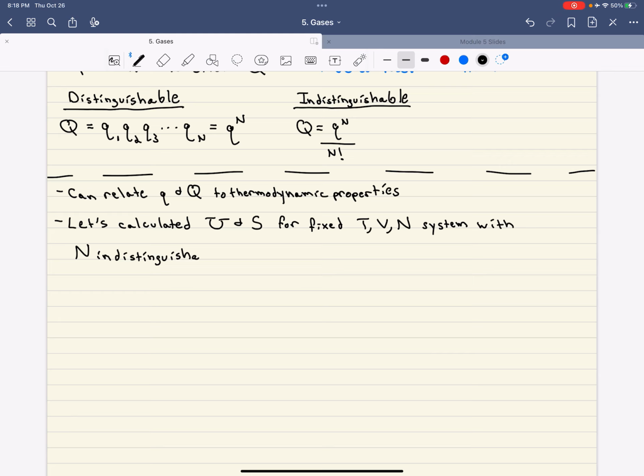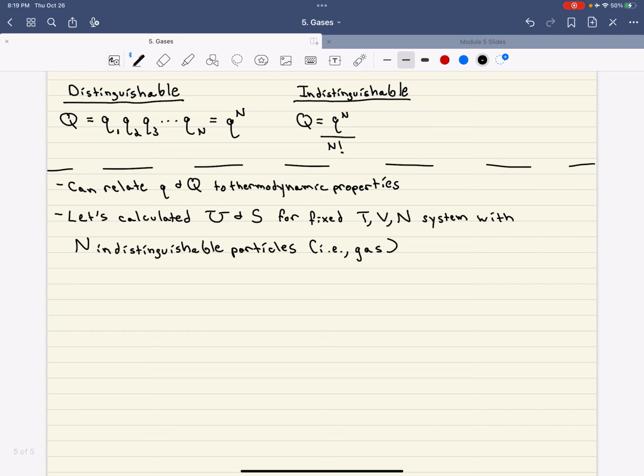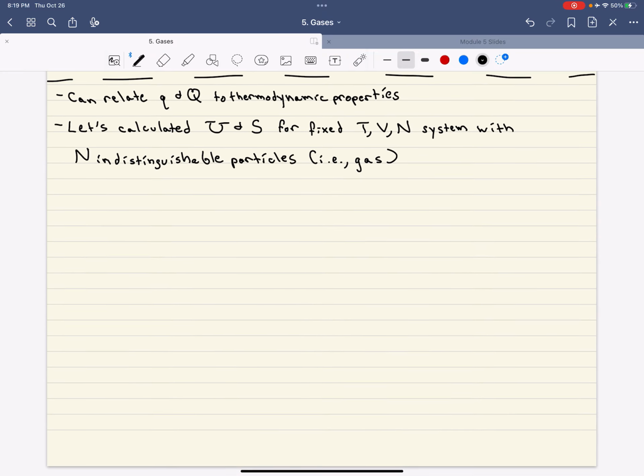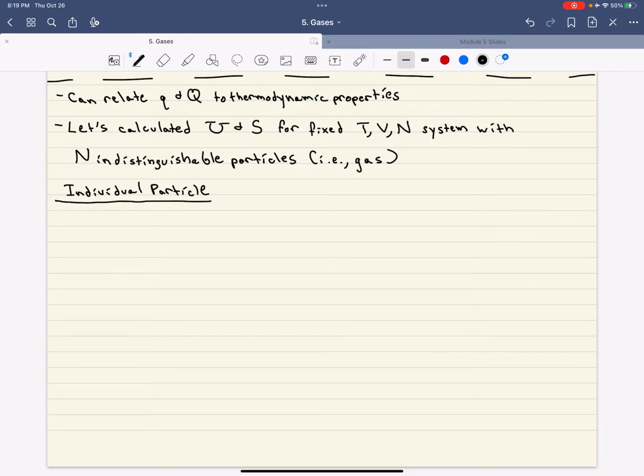Essentially, what we're describing is just a gas. In a gas with just one chemical, all the molecules are the same as one another, and you can't distinguish between them. We're going to calculate U and S first for an individual particle, such that the lowercase q partition function is what's important here.